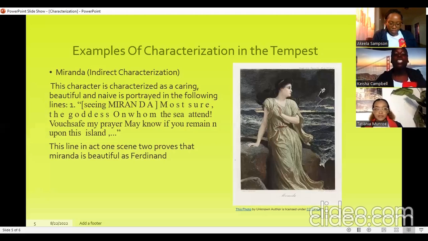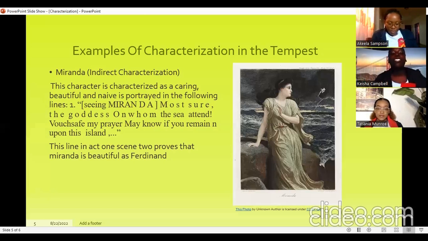A direct characterization is where they tell you exactly about the character, instead of you reading between the lines to figure out what they're trying to tell you. They would simply say, Miranda is a beautiful girl, instead of giving you a long drawn-out scenario to read between the lines.